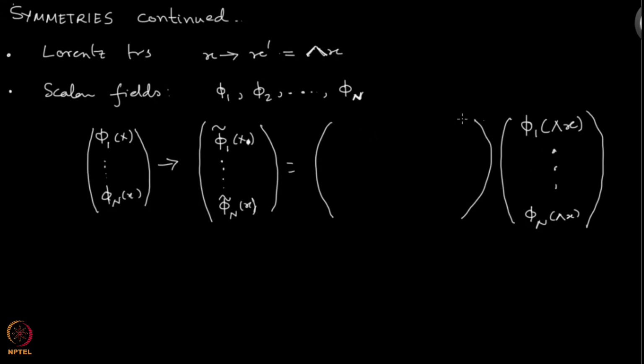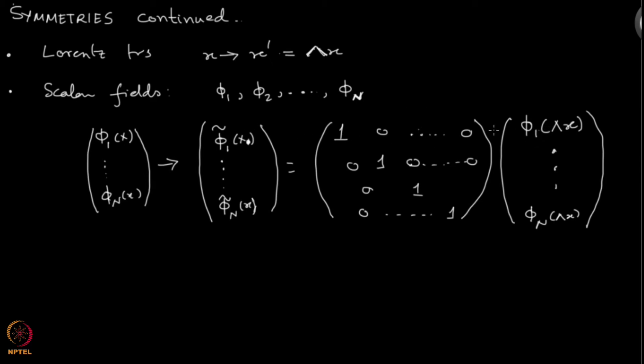As I said, there is no mixing that happens. So phi 1 goes to phi 1, meaning you have a unity on the diagonal, and these are all zeros. So you have only diagonal entries, and the diagonal entries are the same. So that's the matrix which you have.